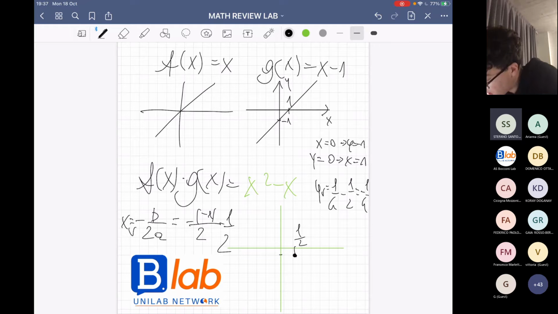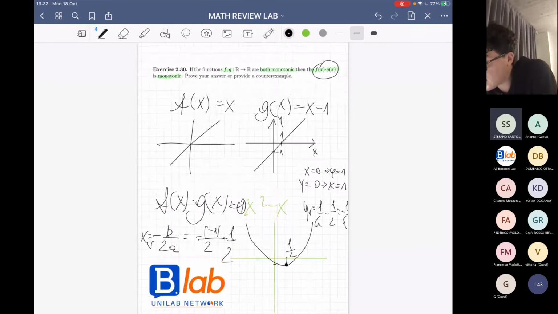So the point is here, and since the leading coefficient is positive, the curve is concave up, so we can draw this graph, and we can easily understand that it's not monotonic at all, because monotonic, as we said, is always increasing or always decreasing, while this function in the first part decreases, while in this other part it increases.